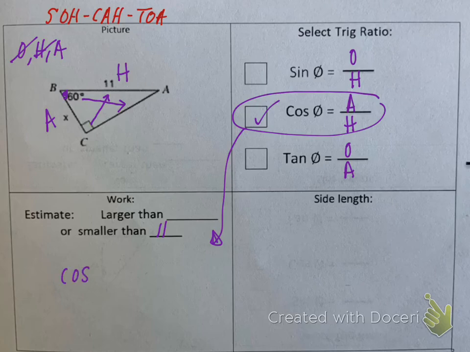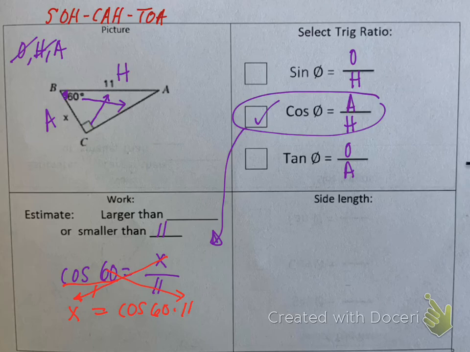So cosine, our reference angle is 60 degrees, and that's equal to adjacent, which is x, over hypotenuse, which is 11. Make the left side a fraction by putting a 1 under and cross multiply. 1 times x is x, and that's equal to cosine of 60 times 11, or you could write 11 times cosine of 60.